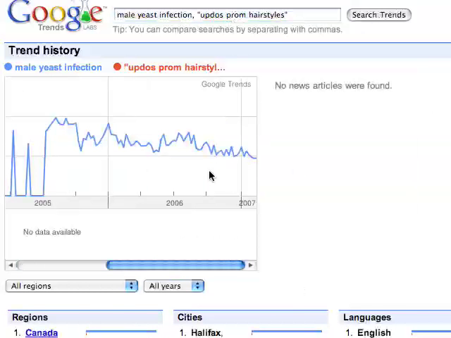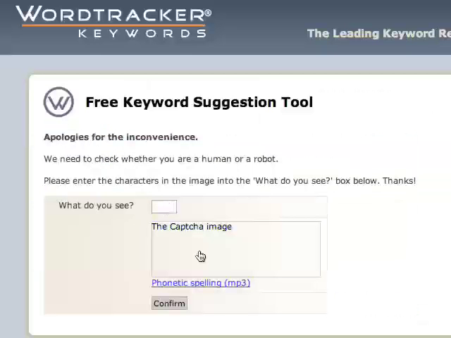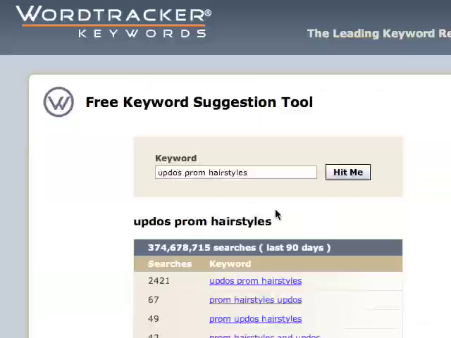that phrase. Although Word Tracker, if we go and interrogate what Word Tracker thinks there is traffic for that phrase, sorry, I just had to pause the video while I completed the capture there.